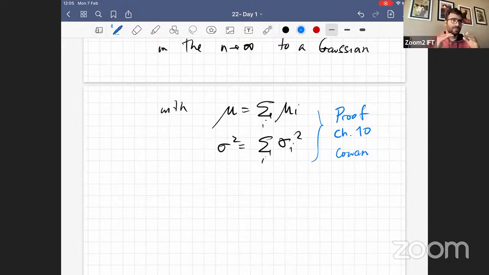When you really get far from the center, if the distributions of these random variables that you are summing or averaging, I mean, this can also be rephrased in terms of the average, are really non-Gaussian, then you may not have perfect Gaussianity there. And this is because, of course, you're lacking statistics.